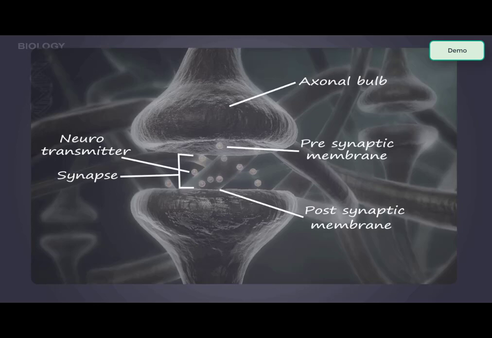Then how will the transmission stop? The neurotransmitters are absorbed by the knob. The synaptic knob will absorb some of the neurotransmitters and some will just degenerate, and that is how the impulse will stop, because you cannot continuously stimulate a nerve fiber.